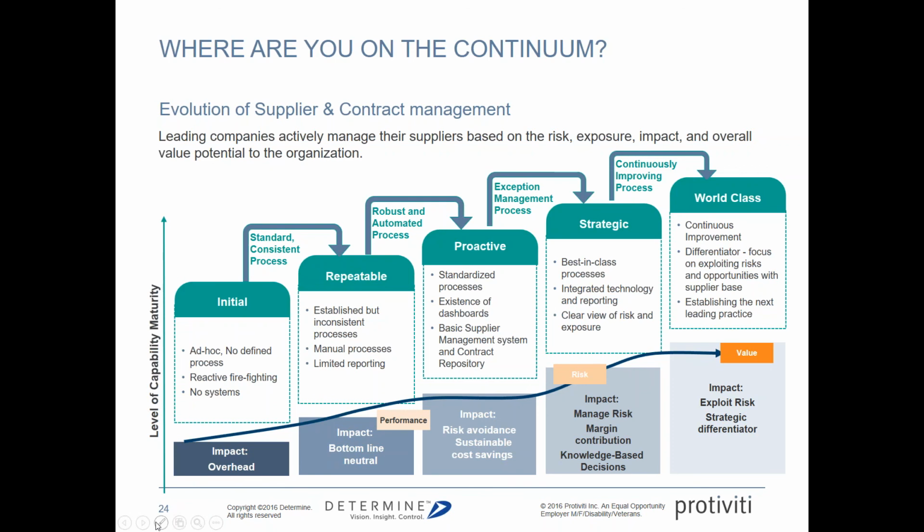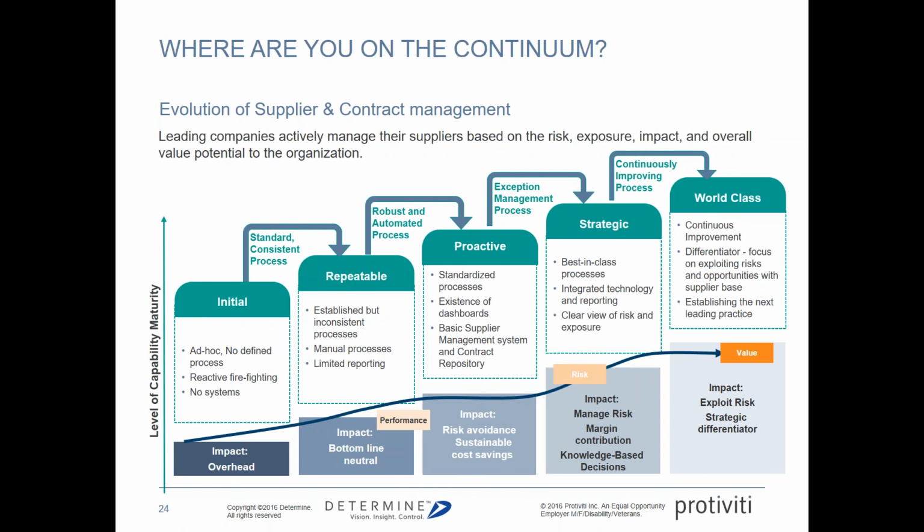The measurement is significant. The simple message here is that there's not a single answer. There's multiple ways to achieve the reality that Constantine and I have laid out. Regardless of where you are in the continuum, there's always room for improvement. Companies that are at the early stage of adoption can start simply by establishing standard processes, connectivity between the processes and the organization, and basic reporting and management of master metadata.